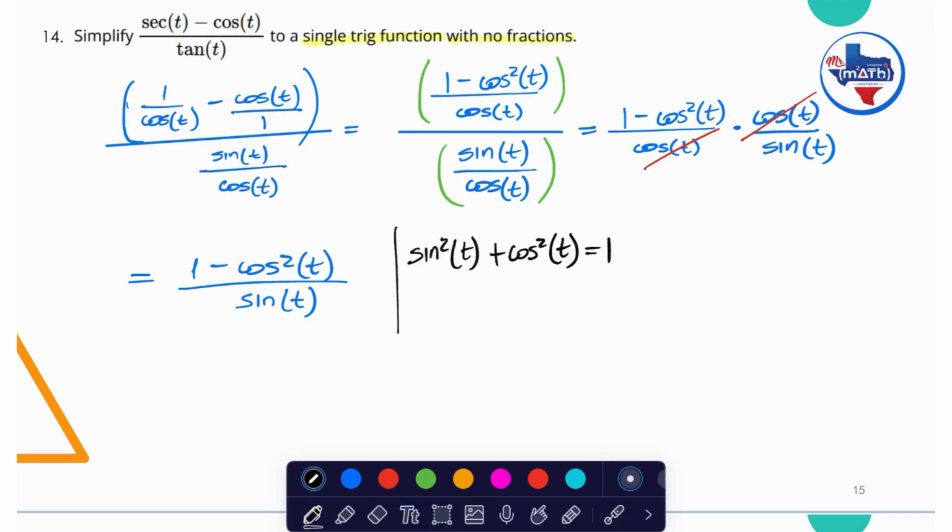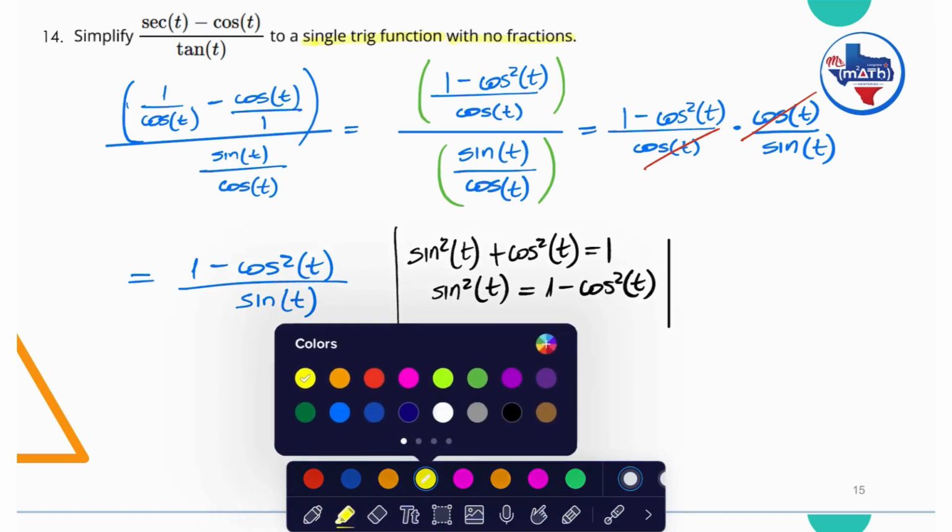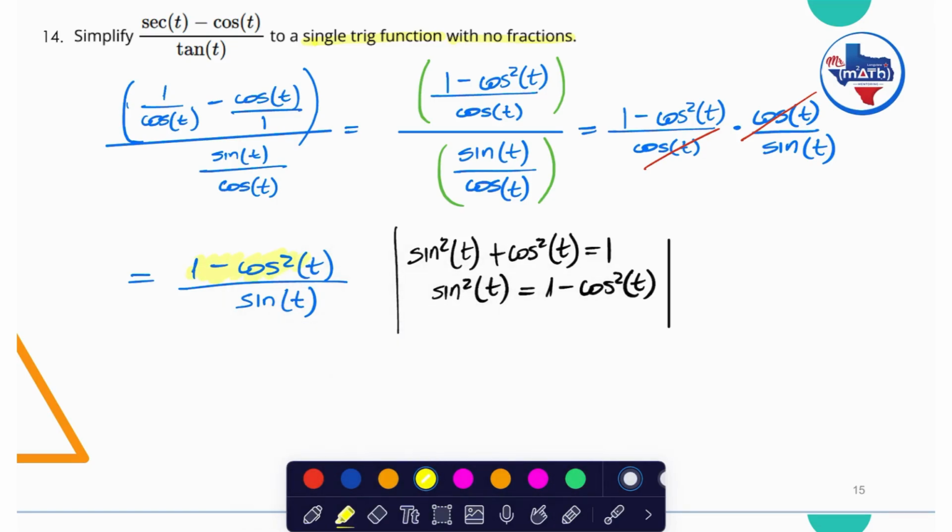Okay, therefore if we subtract cosine square of t on both sides, we'll have that the sine square of t could be equal to 1 minus cosine square of t. And if you see here, this is exactly what we have on the numerator. 1 minus cosine square of t is right here, and that's equivalent to the sine square of t.